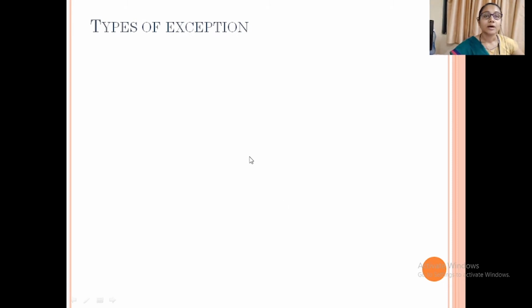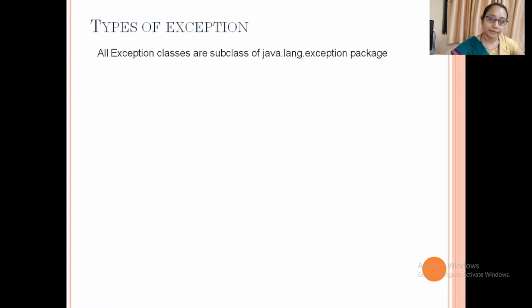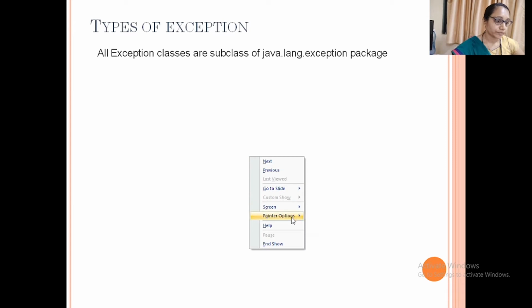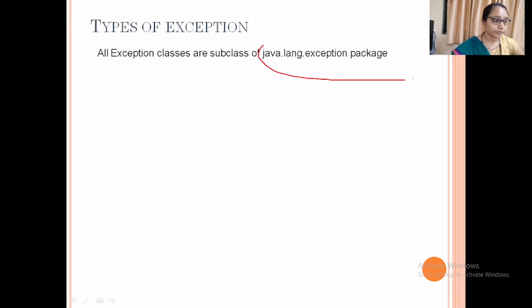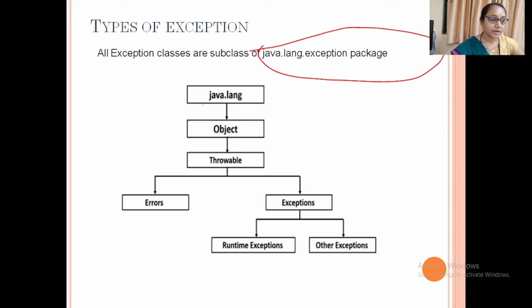In Java, all the exceptions are subclasses of the java.lang.Exception package. Here, as you can see, java.lang is the main package, then Object is a subclass of that package, Throwable is a subclass of Object, and finally Exception is a subclass of Throwable. Exceptions can be of two types, runtime exception and compile time exception.